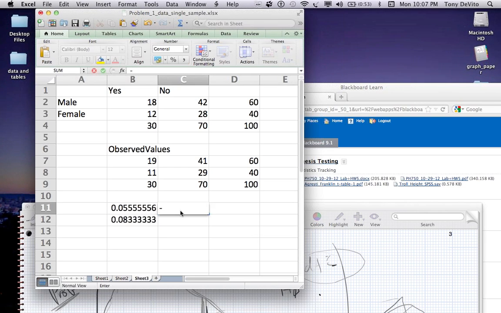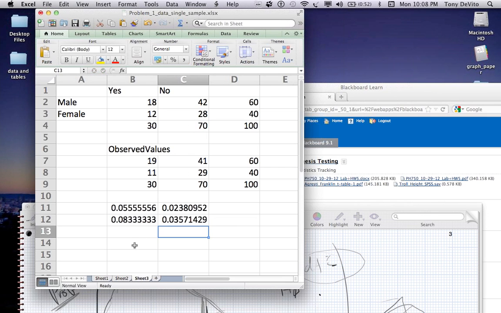This is going to be 41 minus 42, which is 1, squared is 1, divided by 42. And this difference here, 29 minus 28 is 1, 1 squared is 1 divided by 28, equals 1 divided by 28.